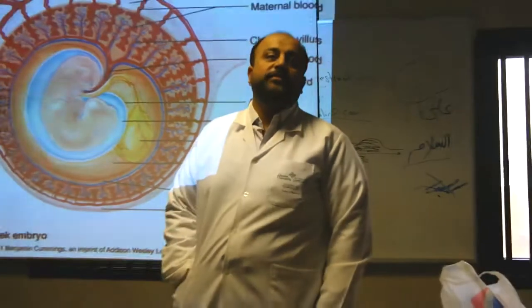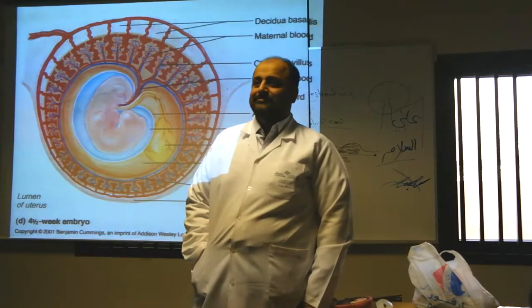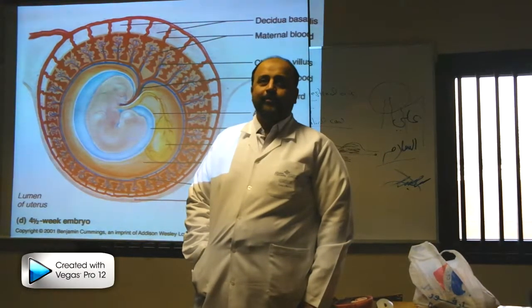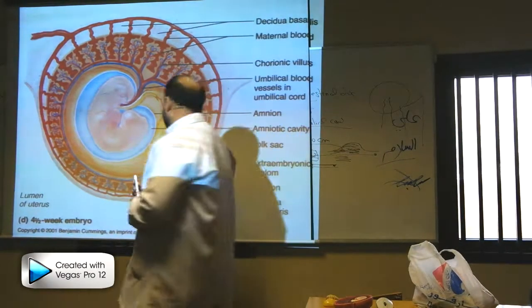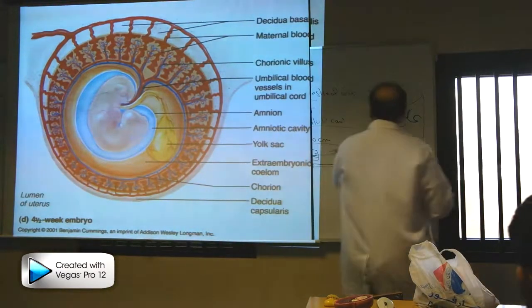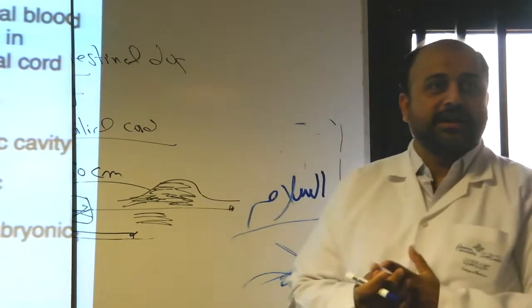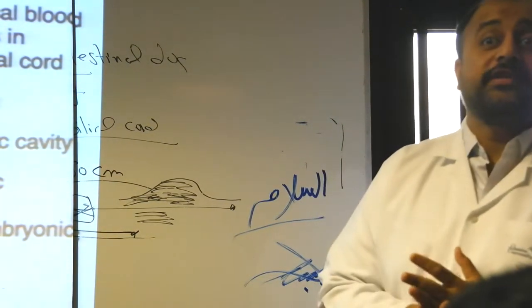What is the name of the fetal part? What is the name of cornea? Cornea. Where is cornea in your body? Eye. Very good. Eye. Chorionic frondosum.